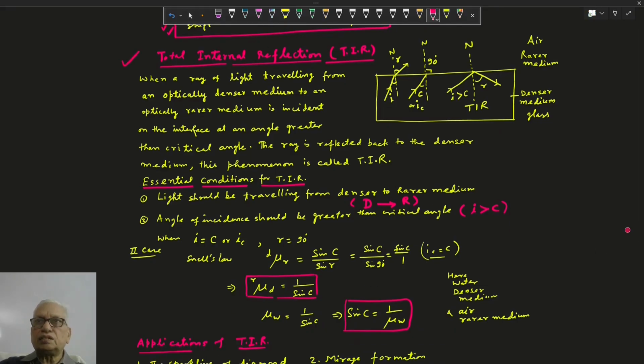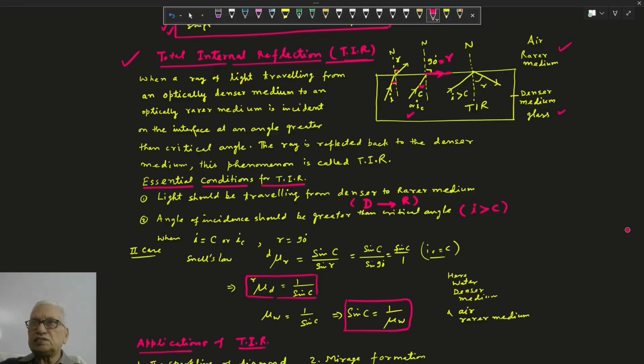Now we are taking up this case here: total internal reflection, in short called TIR. The ray moving from denser medium to rarer medium bends away from the normal. Angle i, angle r, away from the normal. Suppose we increase angle i to the critical angle IC, then r becomes 90 degrees. It means this is the ray which is grazing the surface. Grazing angle means angle r is equal to 90 degrees, just touching, grazing.